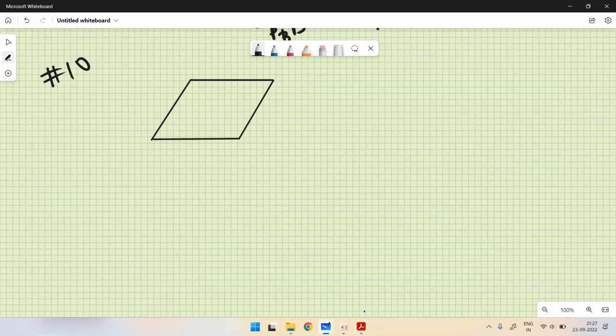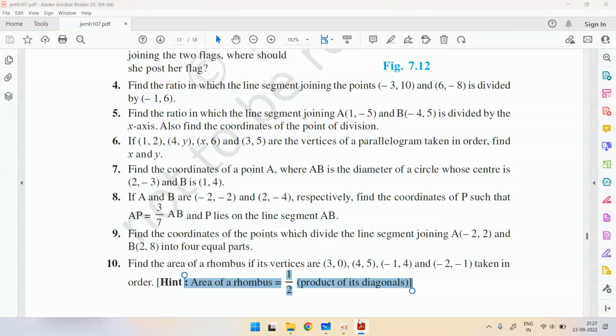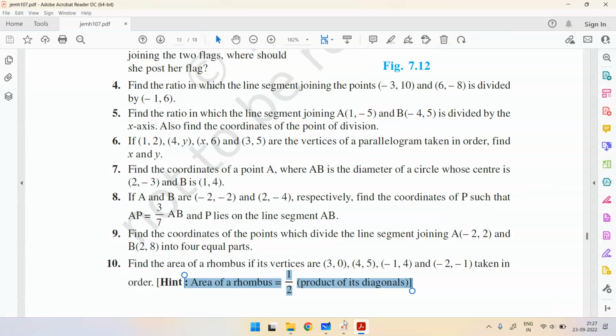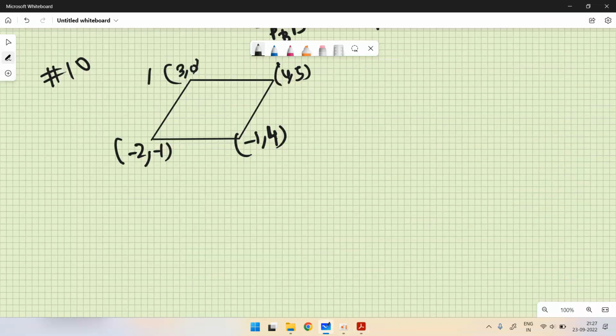The vertices are 3, 0, 4, 5, next is minus 1, 4, and minus 2, minus 1. Taken in order, so this is ABCD.